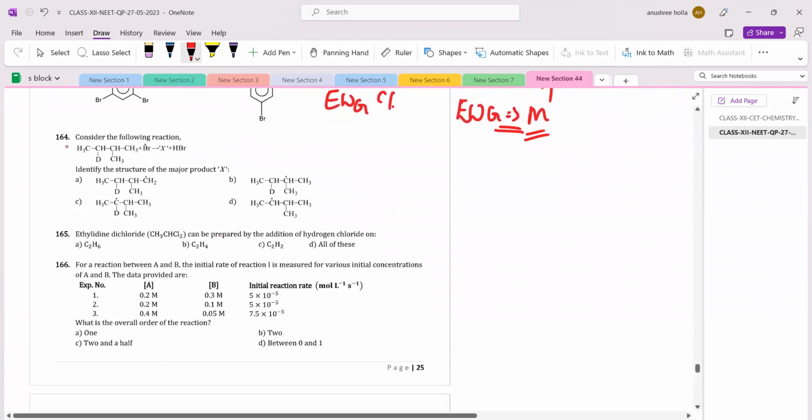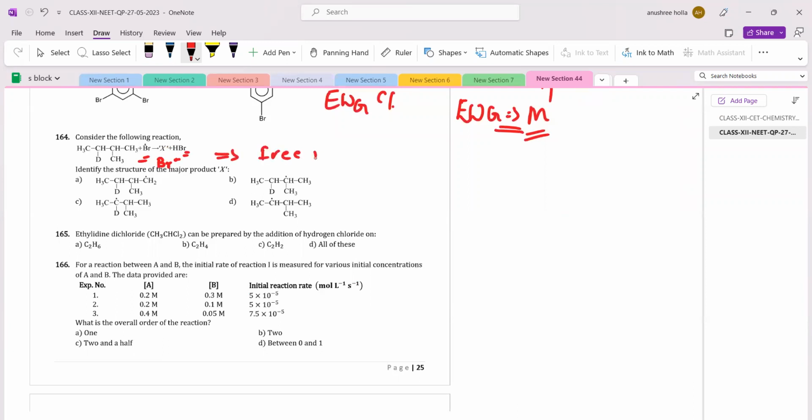Now, 164th question. Consider the following reaction. So they've given this reaction. And you can observe here bromine radical, right? Br radical. And you're getting HBr in the product as one of the products. So clearly this is your free radical halogenation.